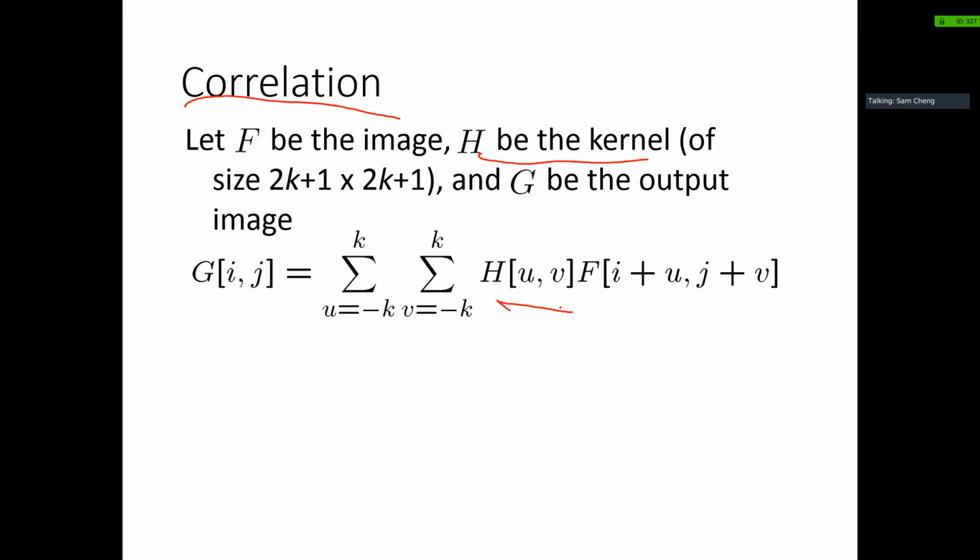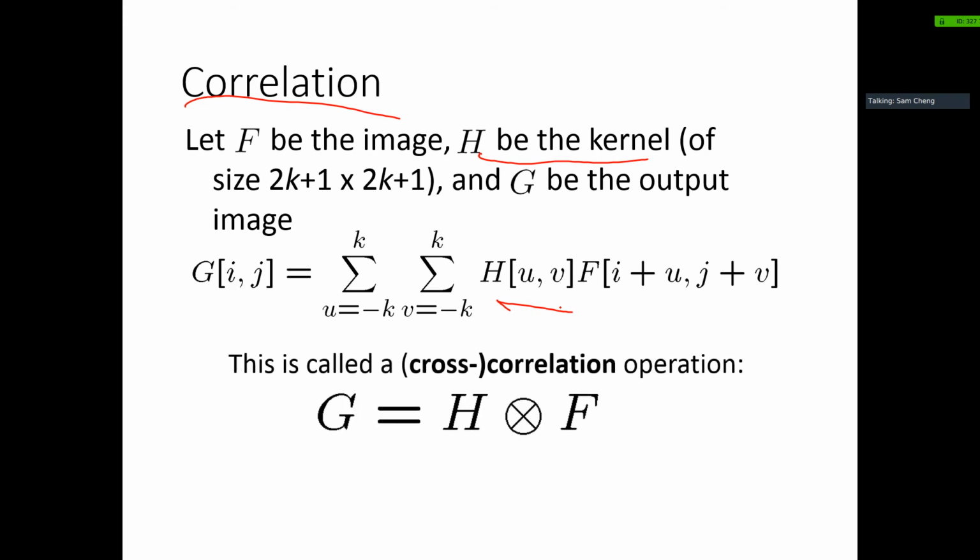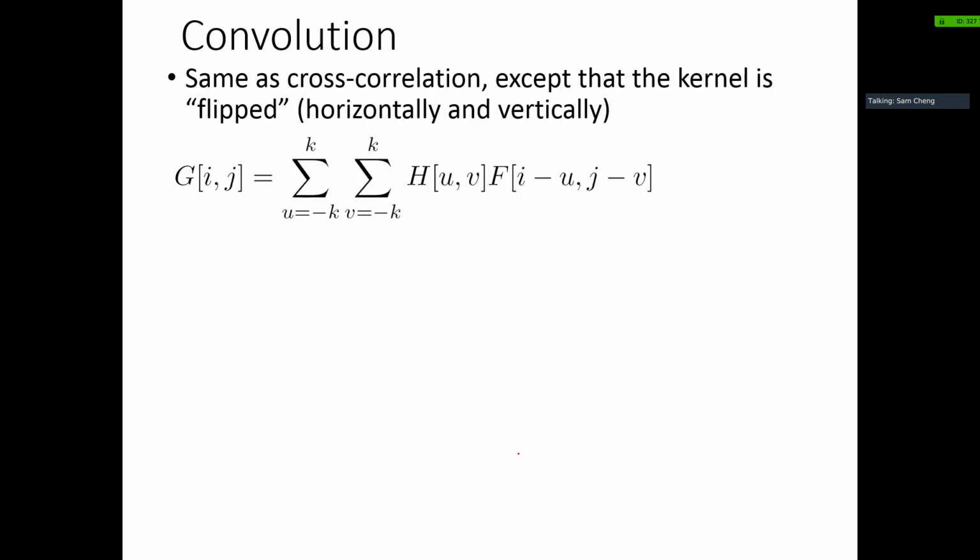Now I'm going to make you a little confused in the next line. This is correlation, but in signal processing, we very commonly talk about convolution. You remember that we talked about convolution in signal processing.